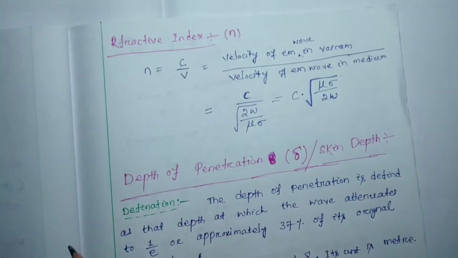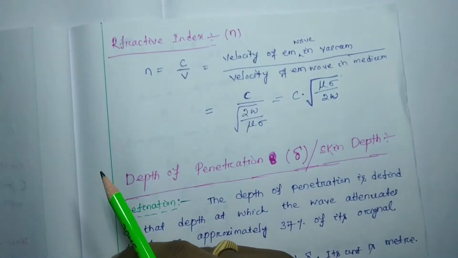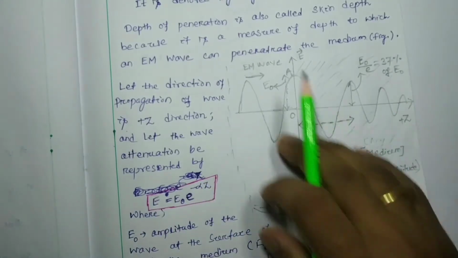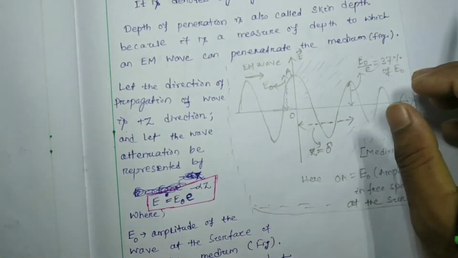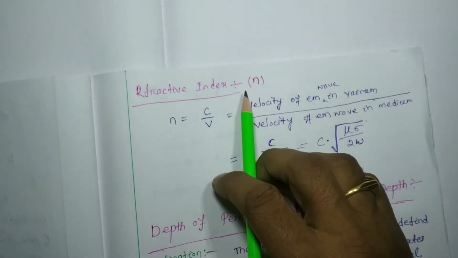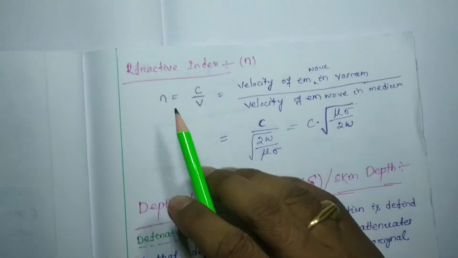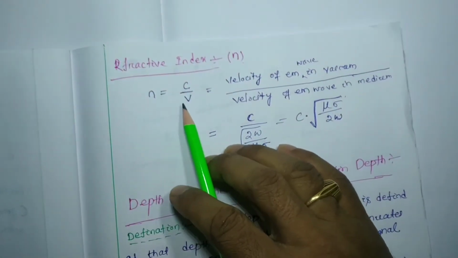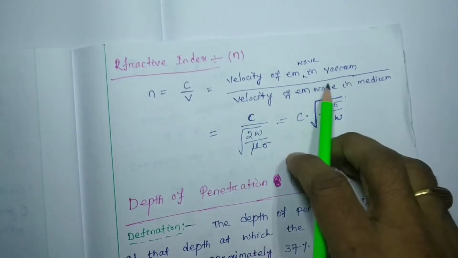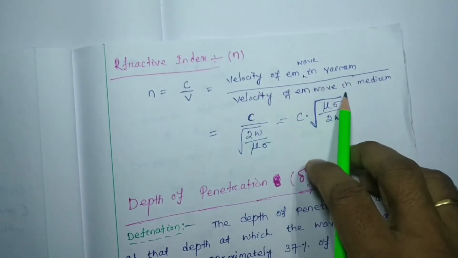When an electromagnetic wave is penetrating any medium, we also have to find the refractive index of that medium. In a generalized way, it is defined as the velocity of electromagnetic wave in vacuum divided by the velocity of electromagnetic wave in that medium.